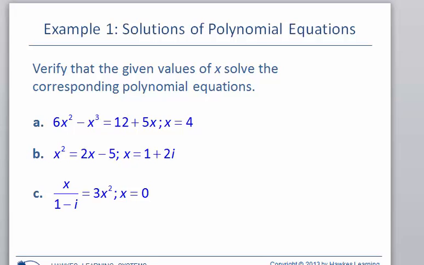Our first example asks us to verify that the given values of x solve the corresponding polynomial equations. So we're being asked to figure out in part A if x is equal to 4 is a solution to 6x squared minus x cubed is equal to 12 plus 5x.